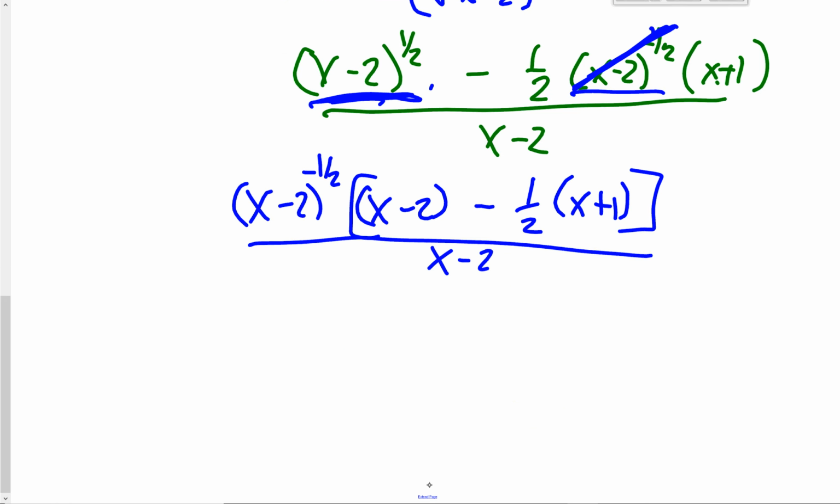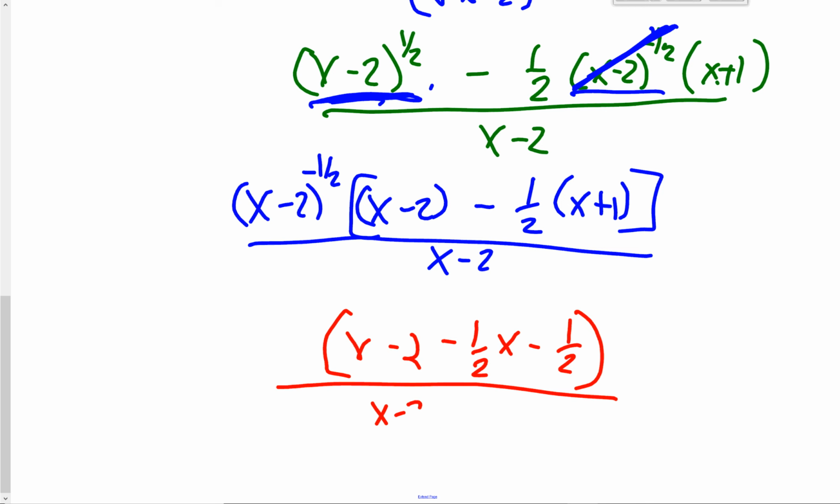Okay. All right, now we can just do some simplifying here. We can go ahead and distribute that negative 1/2. And so we just get negative 1/2 x minus 1/2. And then we have the x minus 2. And then we can just bring this x minus 2 down to the bottom.